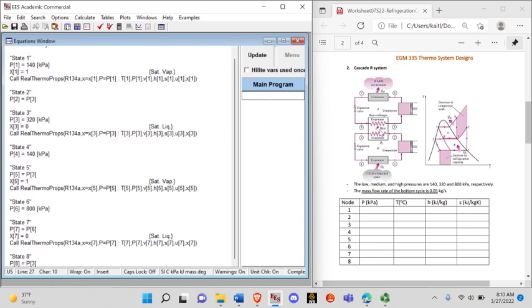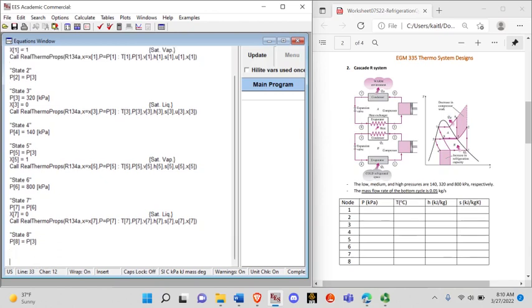So we can do an energy balance for the heat exchanger. I will write this under state 8. I'll put a new comment just for a new section: do heat exchanger energy balance.